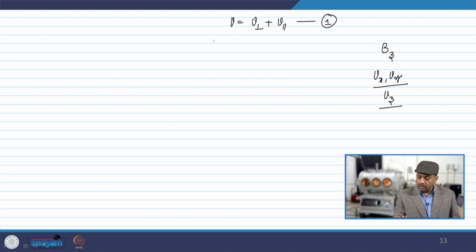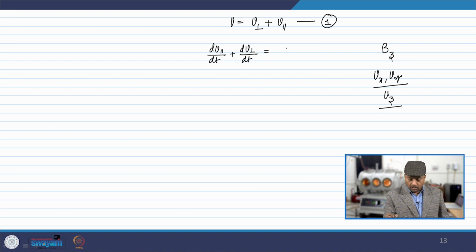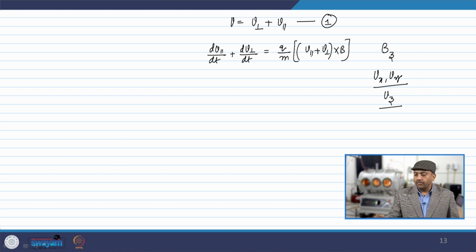We will write the modified expression: dv parallel by dt plus dv perpendicular by dt is equal to q by m times v parallel plus v perpendicular, cross b. Now, we can say that v parallel cross b is 0.